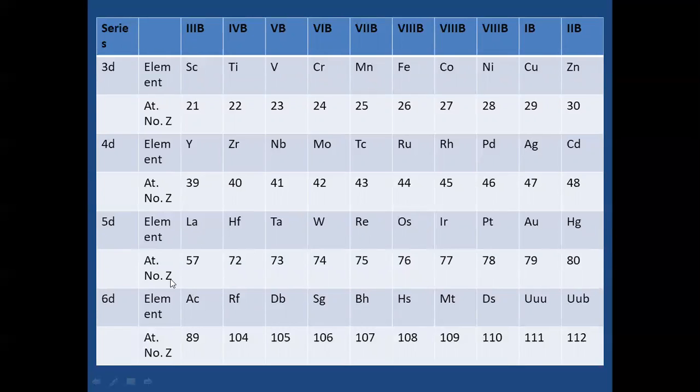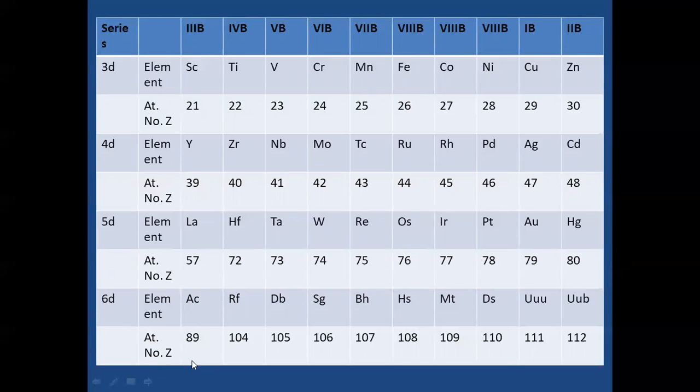Here, after 57, there will be 32 elements: 2 elements from s block, 6 from p block, and 14 from f block, and 10 from d block. Therefore, totally 32. We have to add 32 to 57 so that we get 89. So the third series or 5d series starts from lanthanum 57 and ends at mercury 80.